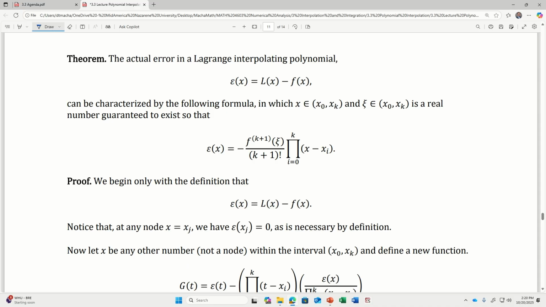So the actual error can be characterized by this formula that looks a little bit intimidating, maybe. This formula only works when x is between the smallest and largest nodes where you're interpolating.